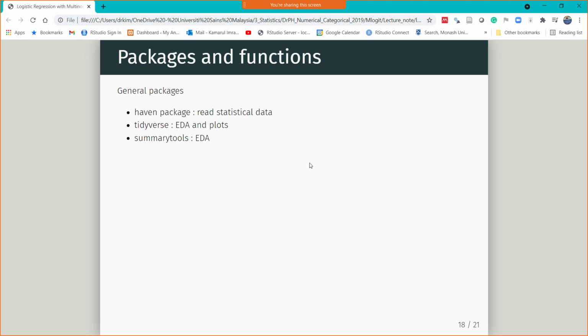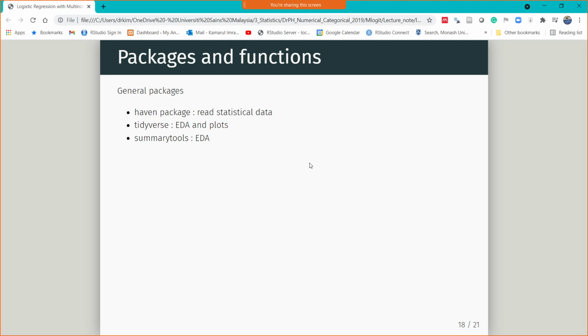The foreign package, I don't really recommend it because it can only read Stata data up to version 12. That's what I know. And then the tidyverse package for doing exploratory data analysis and making plots.